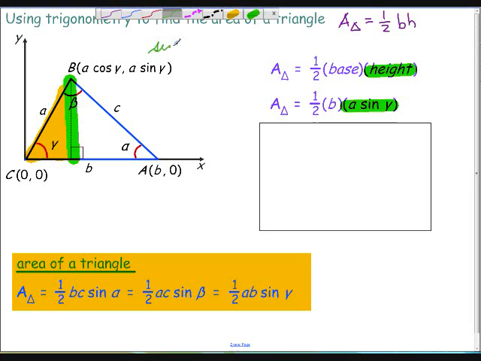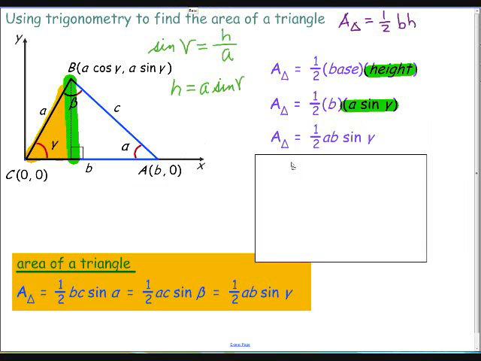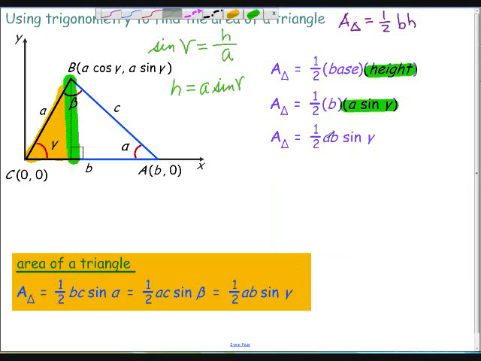The sine of gamma equals the opposite, which is height, over hypotenuse, which is A. So we can say that height equals A times sine of gamma. Here it is simplified. But we could have used A and C and beta. Or we could have used B and C and alpha.